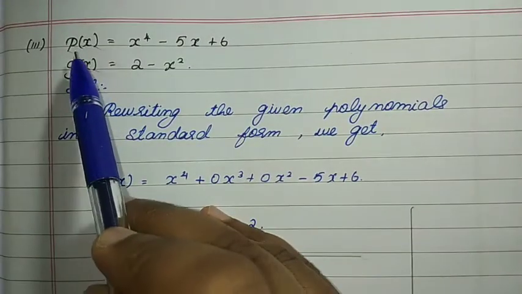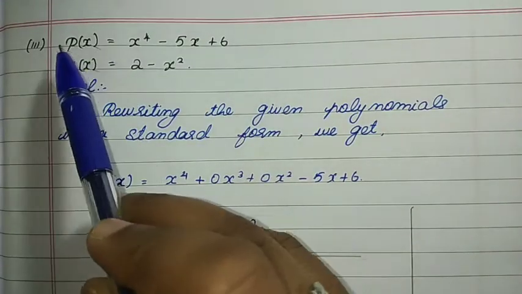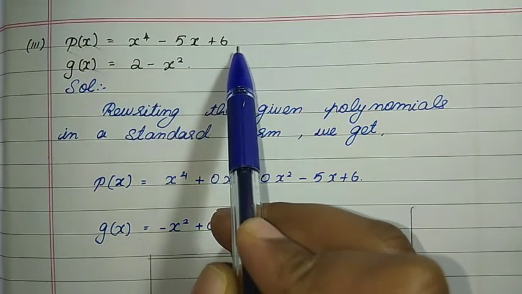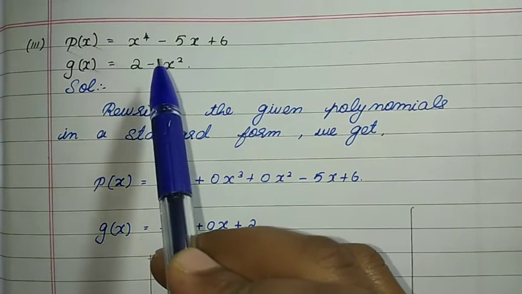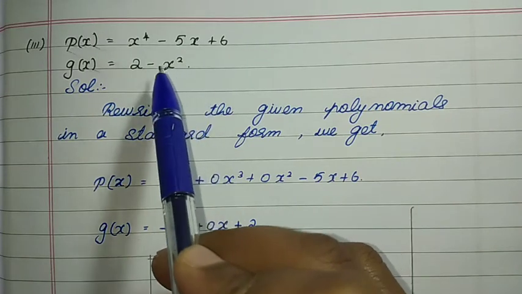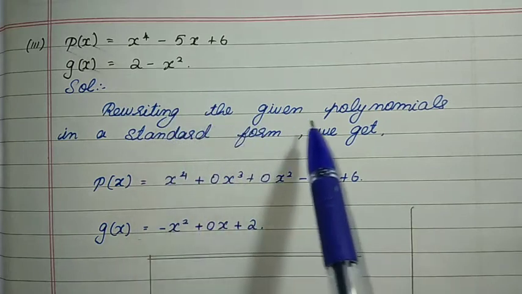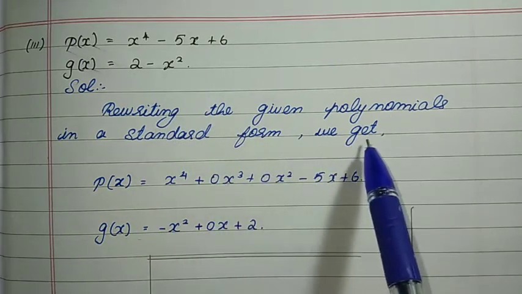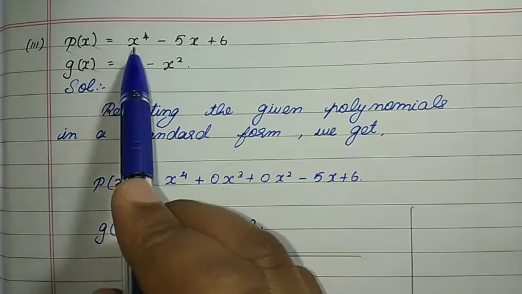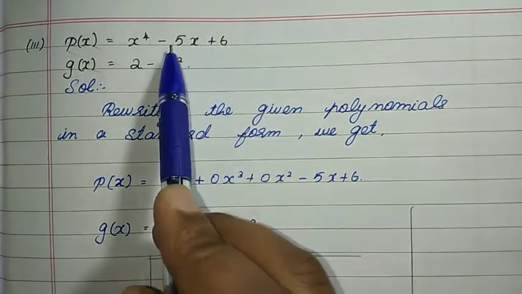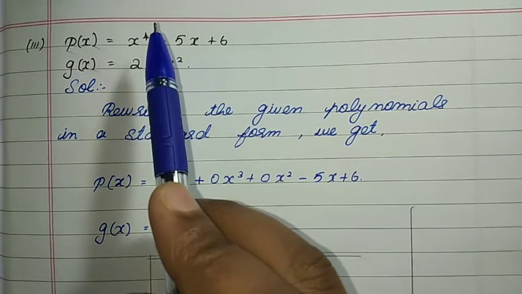Subdivision 3, p of x and g of x are given. So p of x is equal to x power 4 minus 5x plus 6. G of x is equal to 2 minus x square. So this is not in the standard form. So rewriting the given polynomials in standard form we get: x power 4, in between x cube and x square are missing.